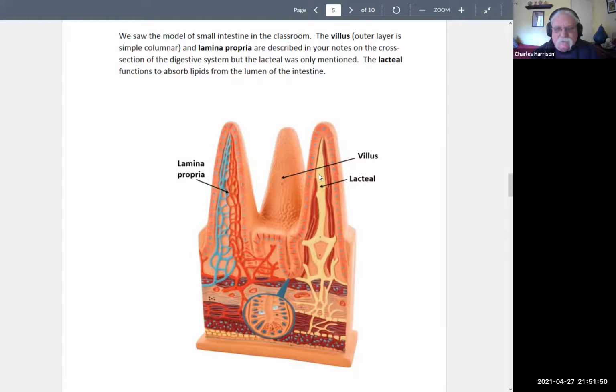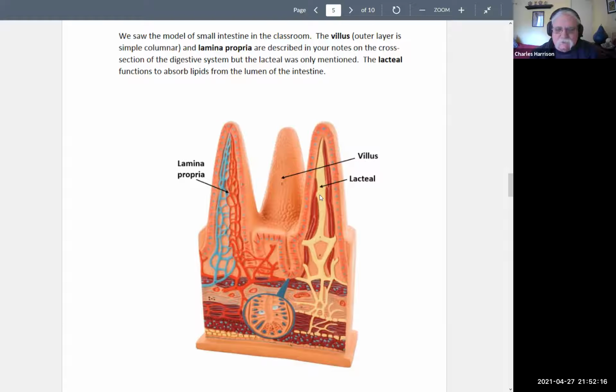It will be at a different level, so I can't show them at the same time, and the model doesn't either. Here's the lamina propria, and behind it, let's say, is a lacteal. Lacteal always shows up on examinations.